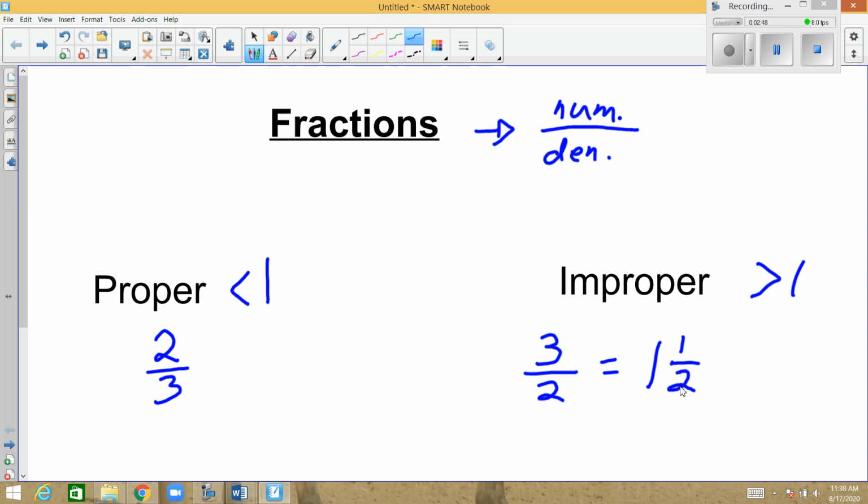Notice the denominator is still the same. 2 goes into 3 one whole time with the remainder of 1 more. This is a mixed number. Okay, so just an overview there.